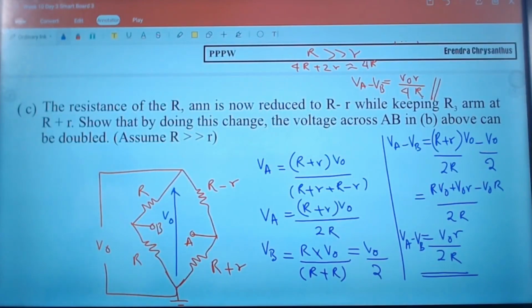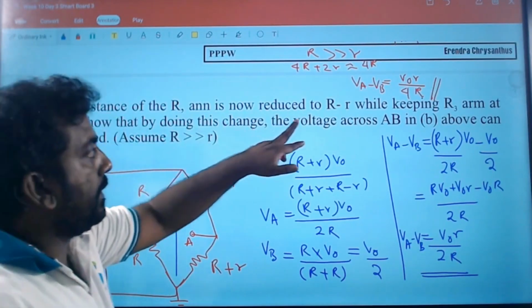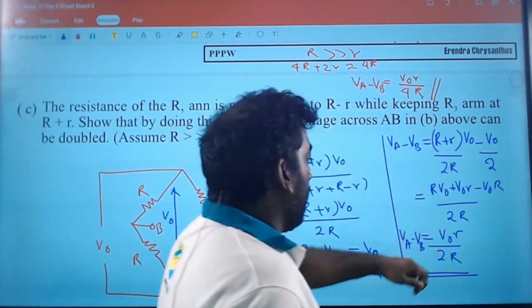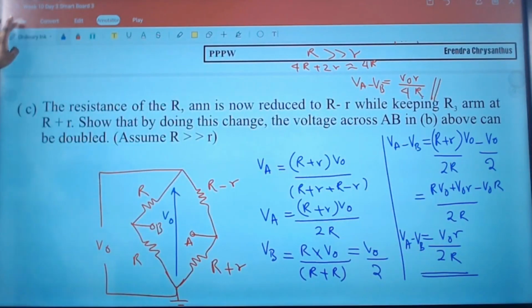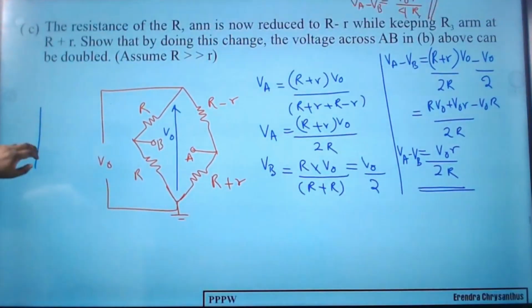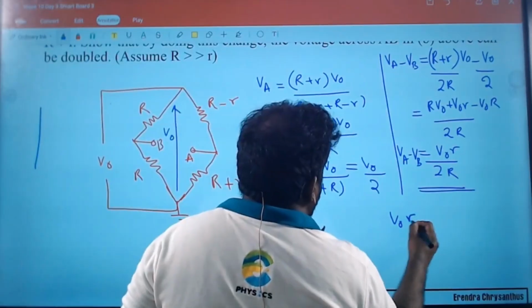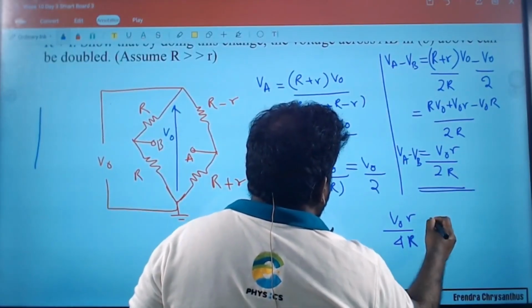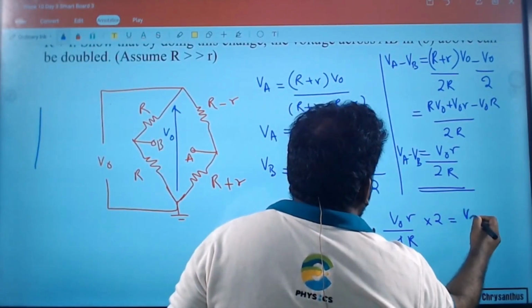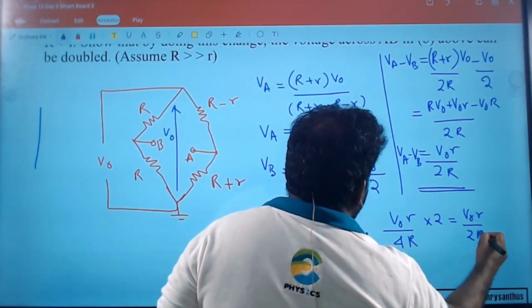Okay now, show that the voltage is double. V naught ΔR over 4R, times 2 is V naught ΔR over 2R.